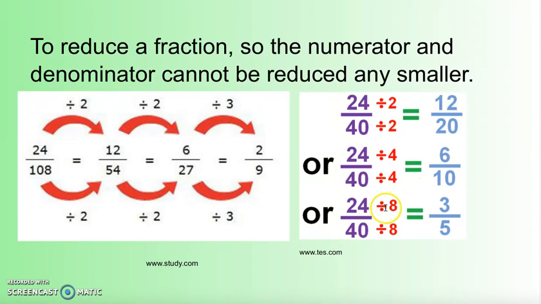If I divide by their greatest common factor, which is 8, 24 divided by 8 is 3, and 40 divided by 8 is 5. And so 3/5 would be what I would get down to when I simplify it and put it in its simplest form. So 24/40ths is equivalent to 3/5.